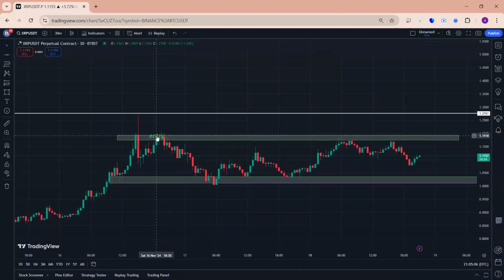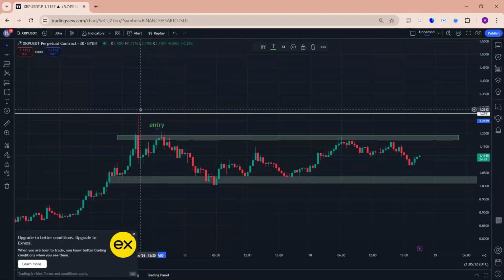So many of these people would have placed their entry here, expecting that the price will go up, because the price already gets to this level. But eventually the price moves up, touching this level, and sweeps every available liquidity here.